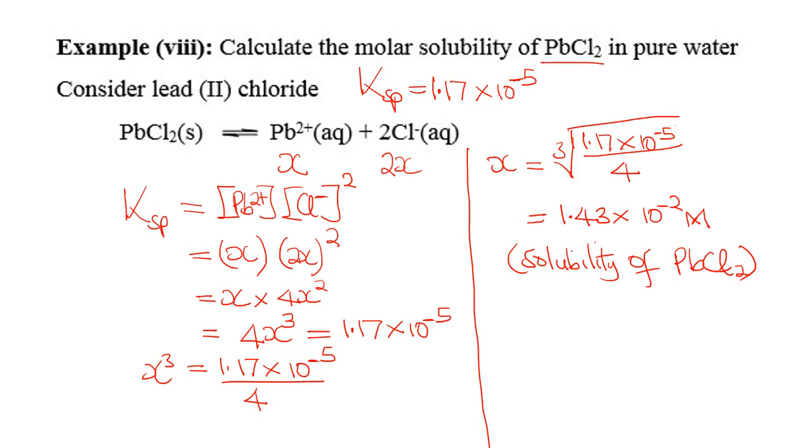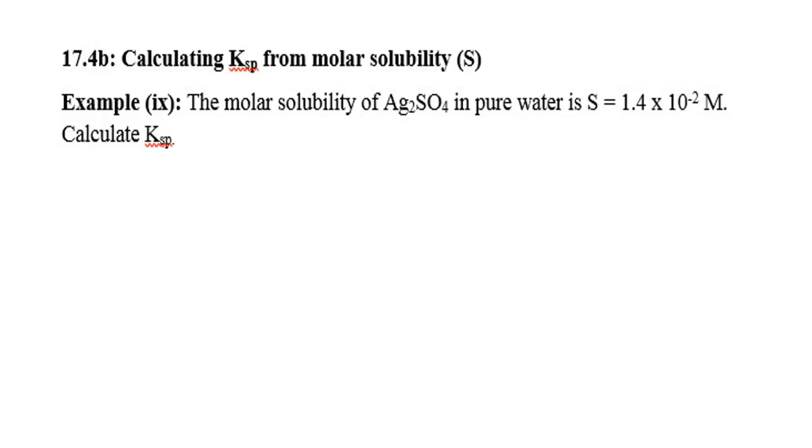So those are the two simple examples of calculating solubility given KSP. Now let's go on and look at another example. What is the molar solubility of silver sulfate in pure water?